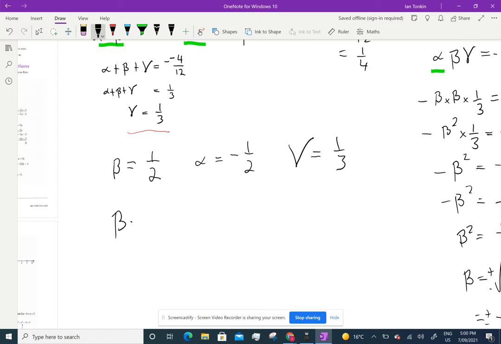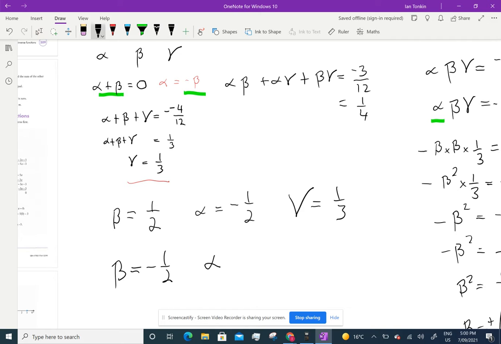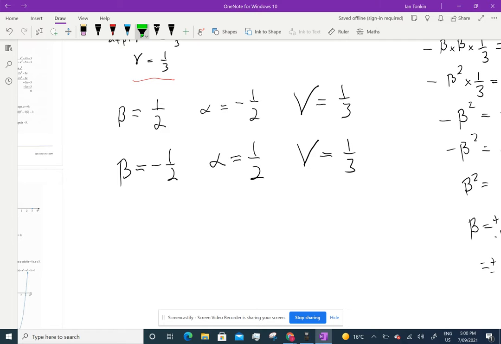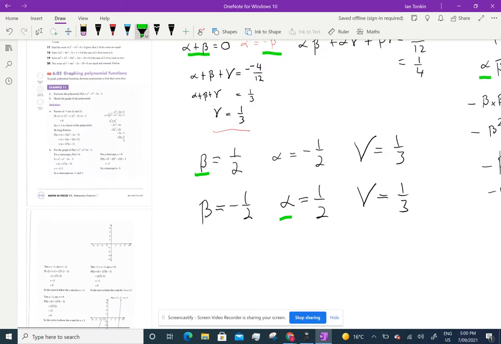If beta equals negative a half, well then alpha will equal positive a half, and gamma doesn't change. It's still a third. So it didn't matter which one we put. These two just interchange. If beta equals a half, alpha equals negative a half. If alpha equals a half, beta equals negative a half, and the other root is a third.